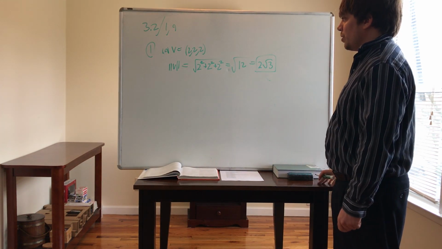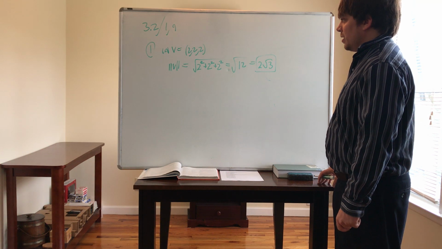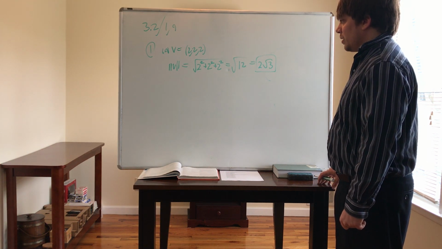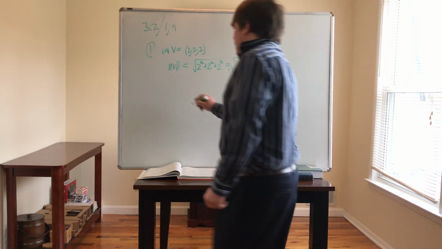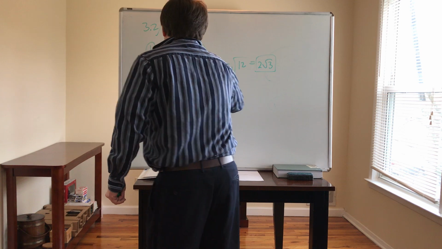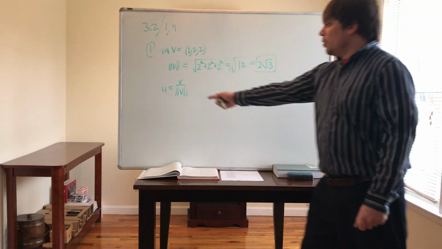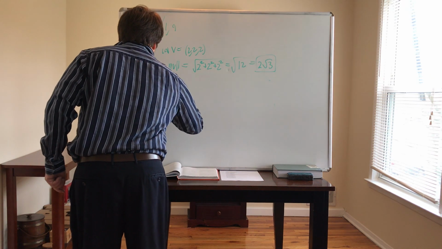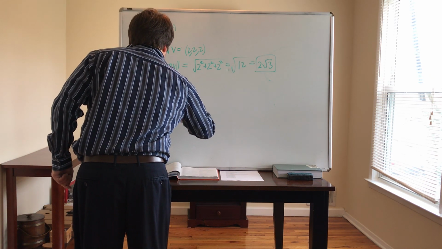So I want to let u equal the unit vector in the direction of v. So u is going to be the unit vector in the direction of v.